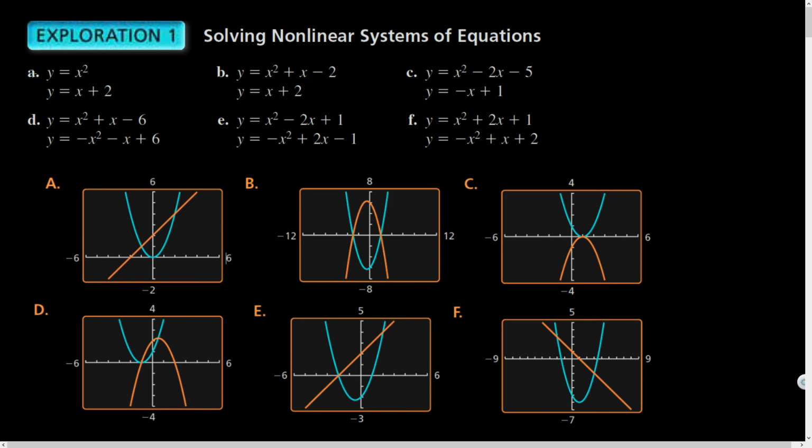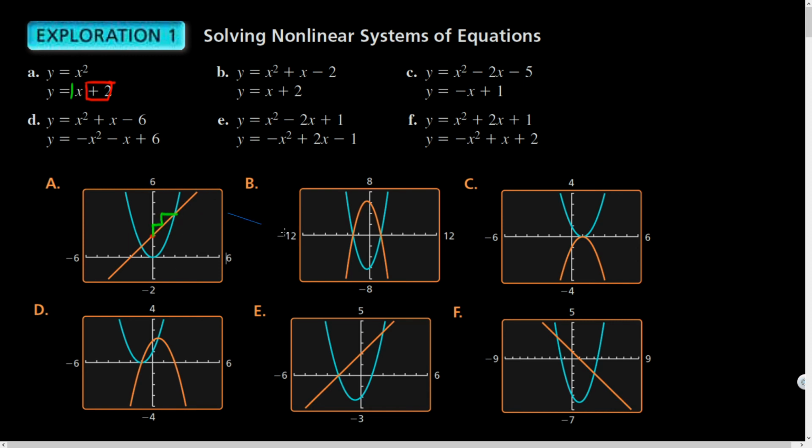And so this first one is a classic right side up parabola with a vertex at 0, 0. So it looks like this right here is the only one that works. And then y equals x plus 2 would have a slope of 1 and a y-intercept of 2, y equals mx plus b style. And so notice slope of 1, y-intercept of 2 I marked in red, and then a slope of 1, up 1 over 1, up 1 over 1.